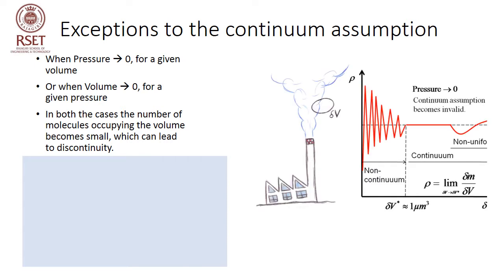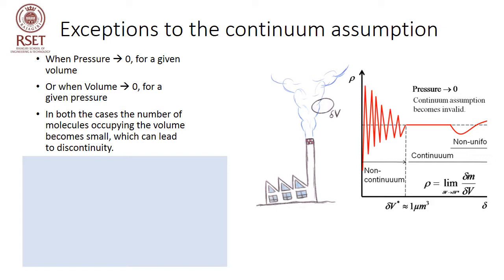In order to define that, if we plot the density with respect to the size of the control volume, we can see in which case we can take the continuum assumption and in which case it is neglected, or we have to consider the discontinuity of the system.